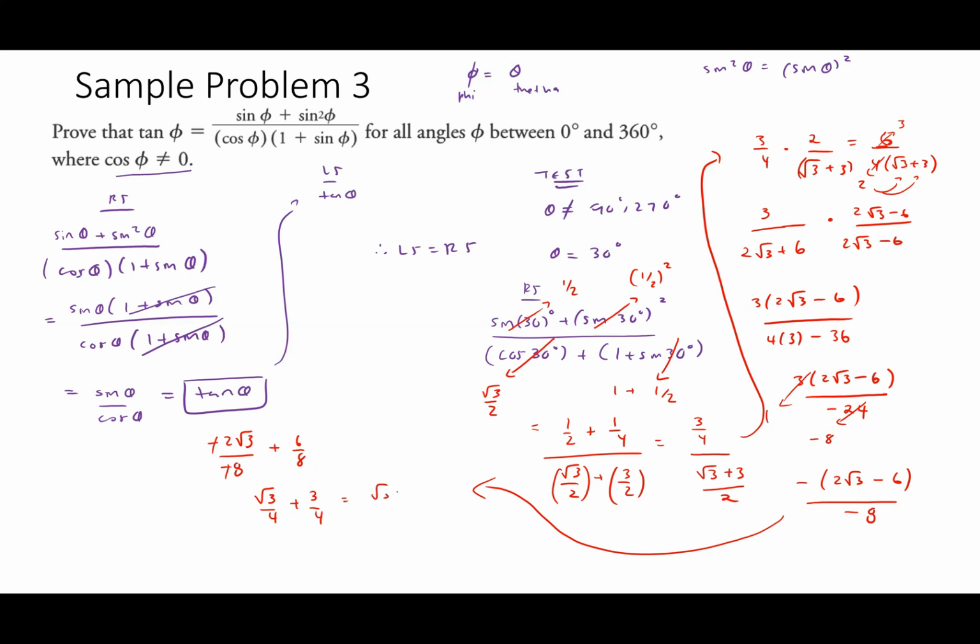So this is square root 3 plus 3 over 4. Now, it's not exactly the same as square root 3 over 3. Let me see if that... That's interesting. Should have worked, actually.